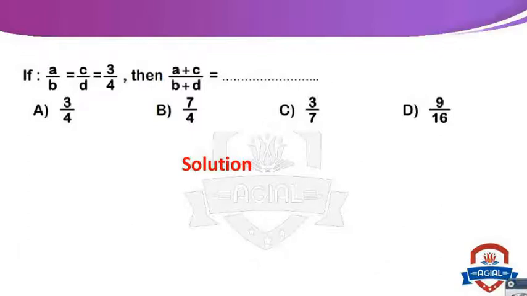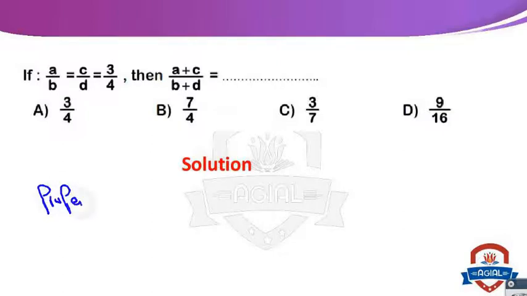If A over B equals C over D equals 3 over 4, then A plus C over B plus D? By using the properties of proportion, by using property number 5.